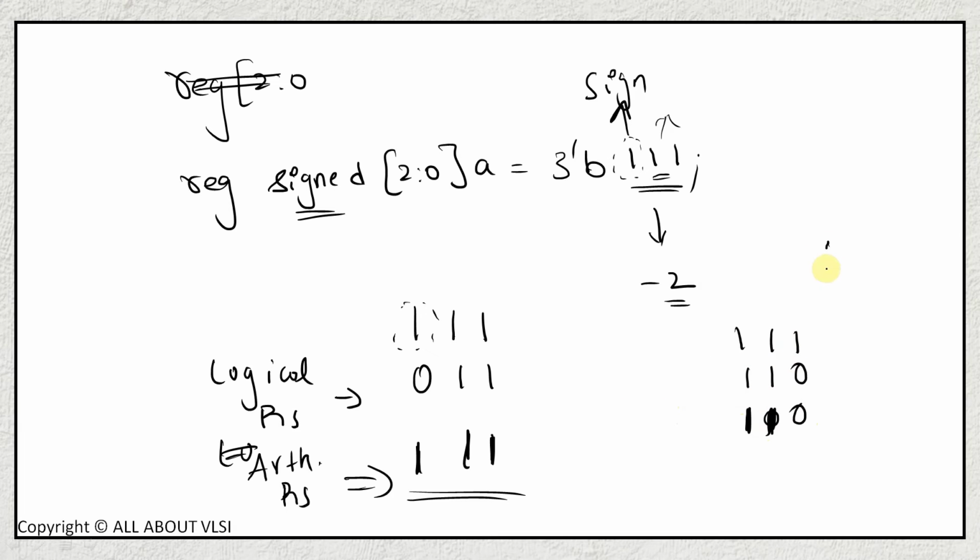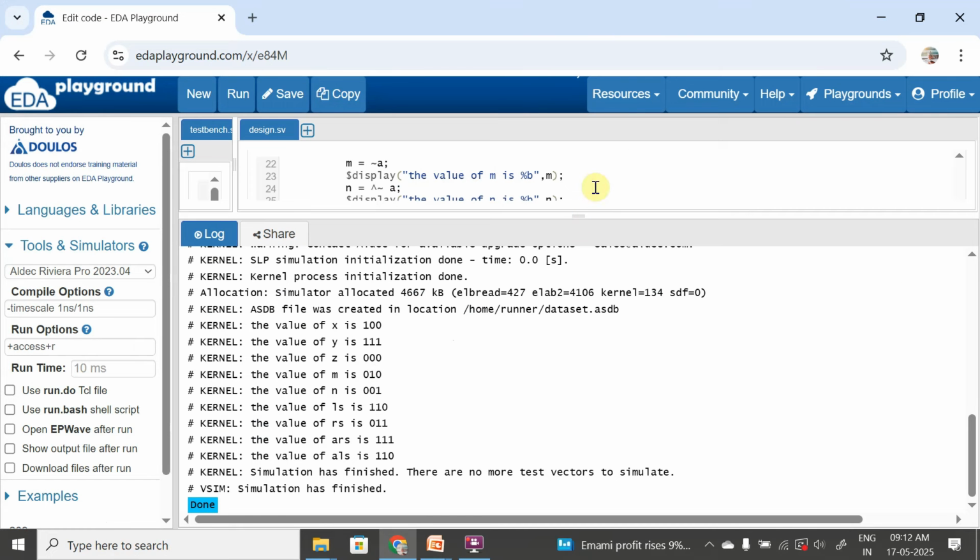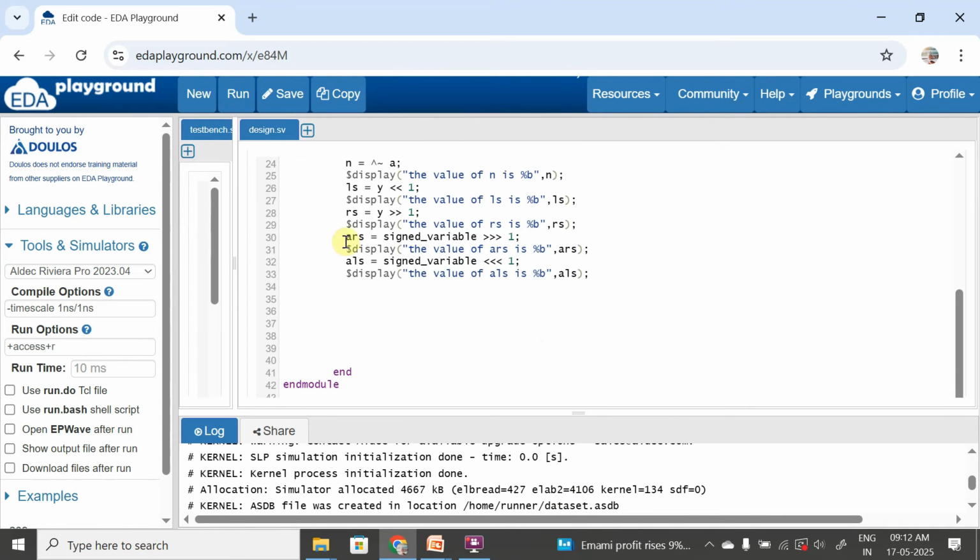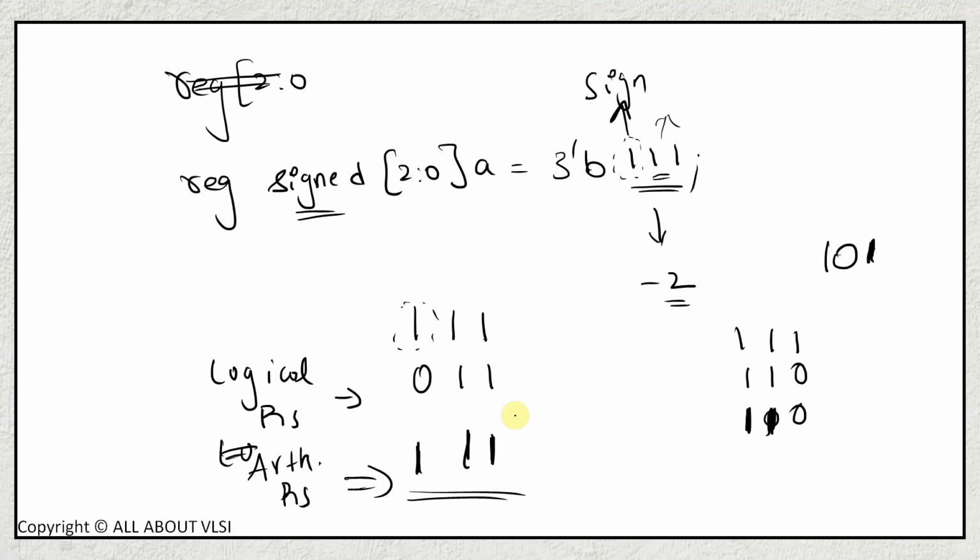And let's say if you have 101, let's see what your arithmetic left shift operation gives. Let me comment this right shift operation. If you have 101, in the normal logical left shift operation you will get 010.